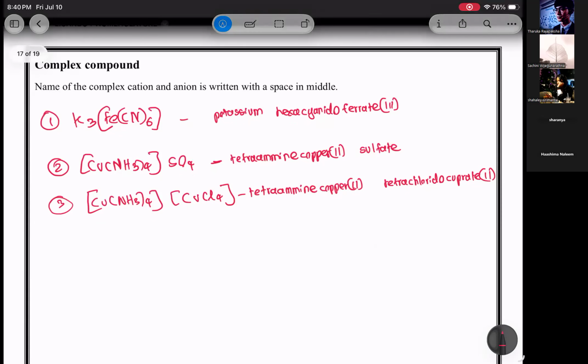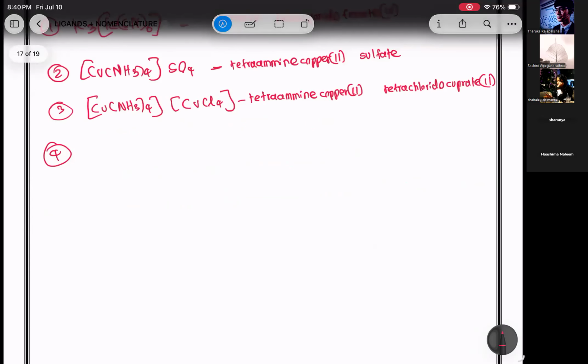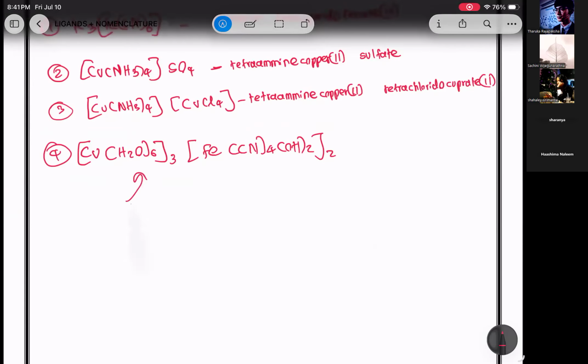Sorry. Fourth one. Copper H2O6, FeCN4 OH2 twice. Now the overall charge of this one would be +2, right?